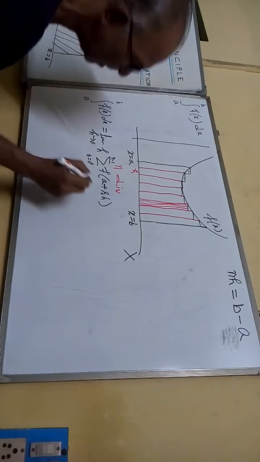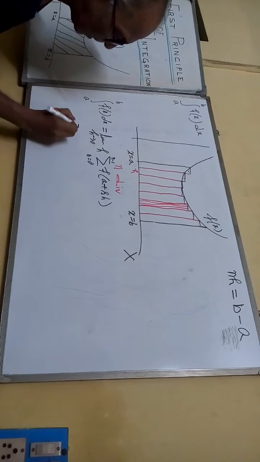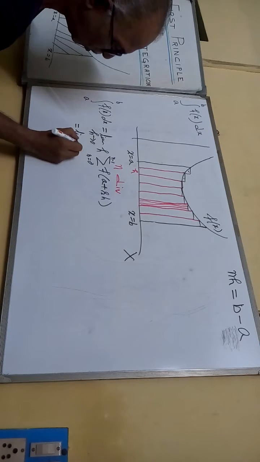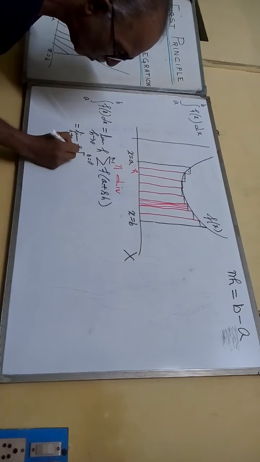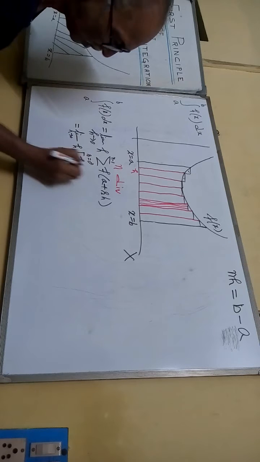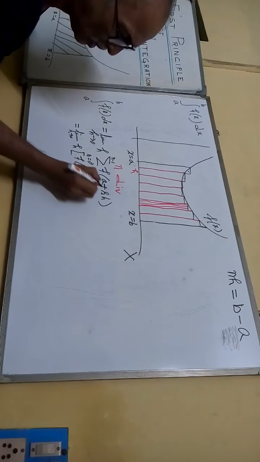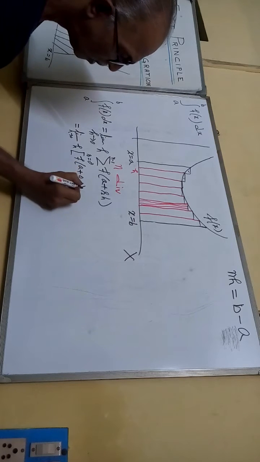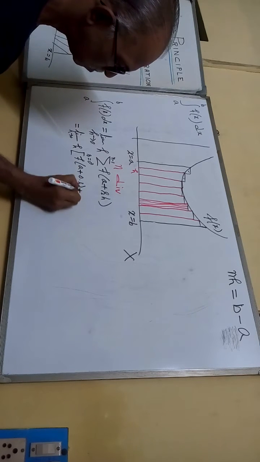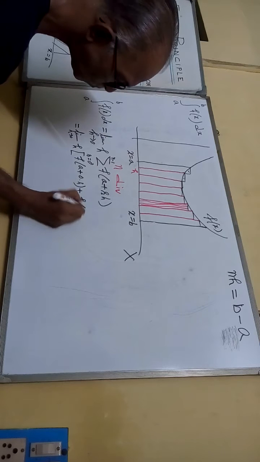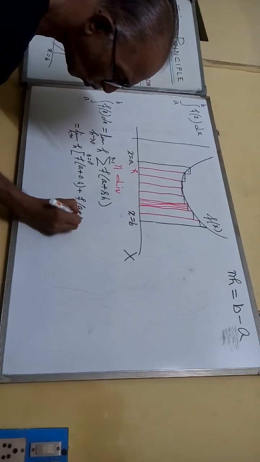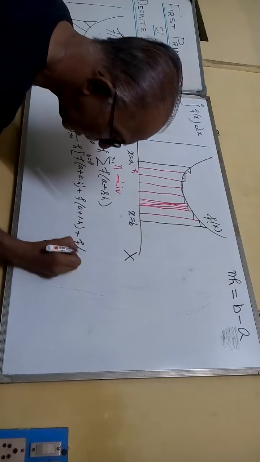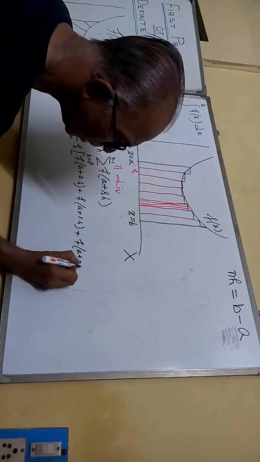What does it mean? It means the limit as h tends to 0 of h times [f(a plus 0 times h) plus f(a plus 1h) plus f(a plus 2h).